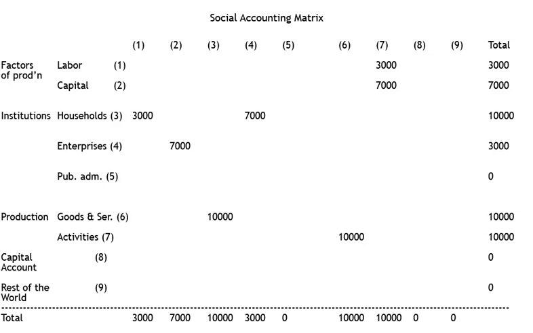For example, for the first row and the first column, you've got the total remuneration of labor, the total is 3,000, and you've got the remuneration of the factor labor, which gives 3,000 to the owners of the factor labor, households. And so the total is also 3,000, and you've got exactly the same thing for each pair of column and row.